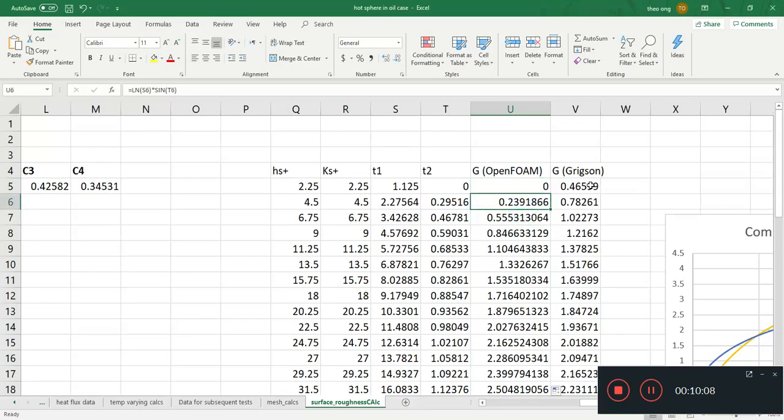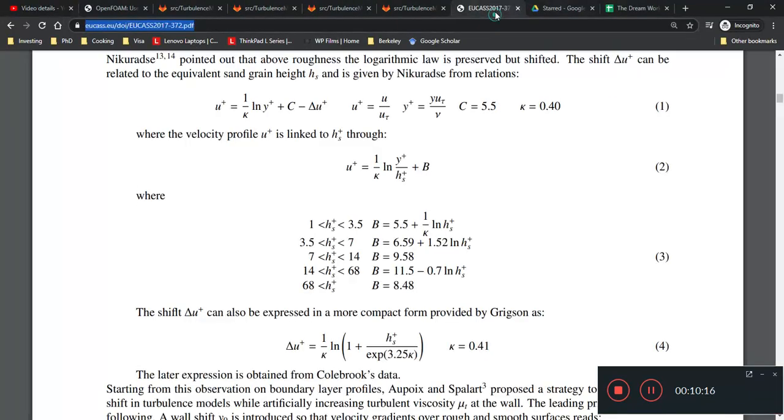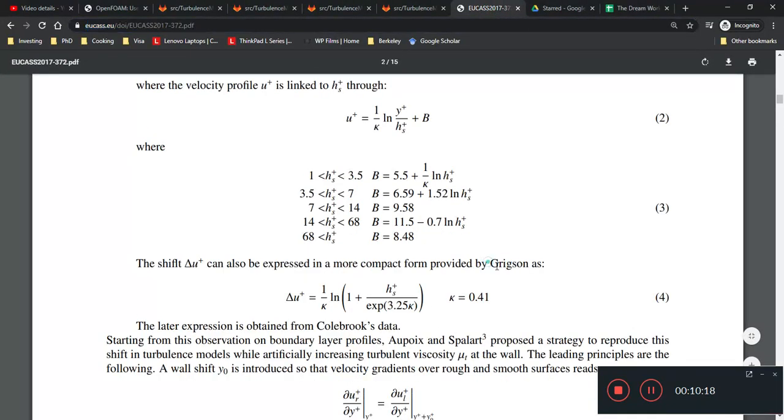If you want to compare against the Grigson G, which is the one we are used to from the paper, it is found here. This one is by Grigson, that's why I call it the Grigson G. It is actually delta U plus times the von Karman coefficient 0.41.